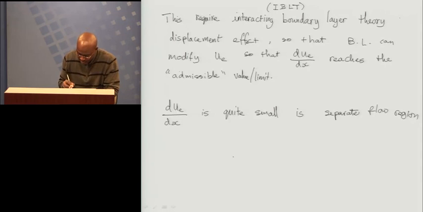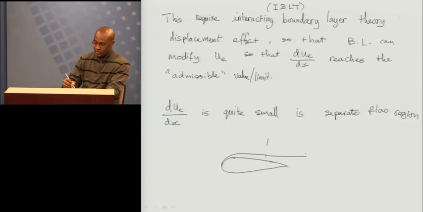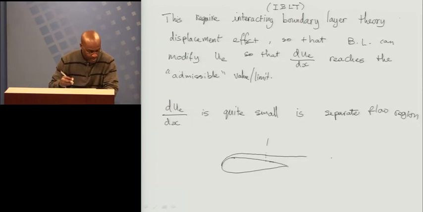So if I say we're looking at flow over an airfoil, my boundary layer develops like this, and then say it separates somewhere down here. So this is my boundary layer edge, that's my boundary layer thickness.